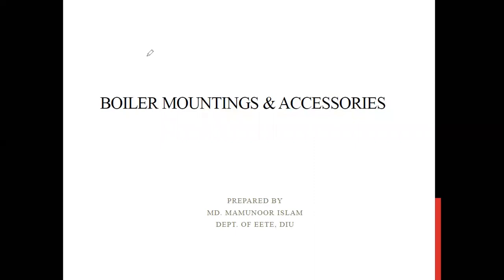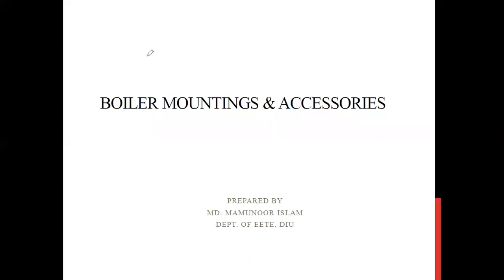If you have attended the class or seen the lecture, you will understand that the steam boiler is one of the important parts where we take water, we give heat, and we get steam, the gaseous state of water. We said that there are four main components in the steam power plant: boiler, turbine, condenser, and pump. But those four components are not enough.